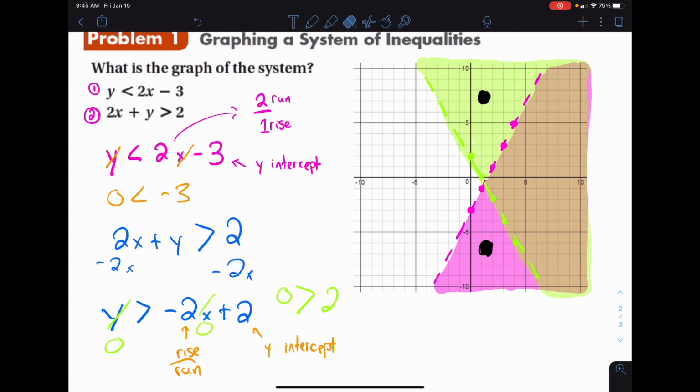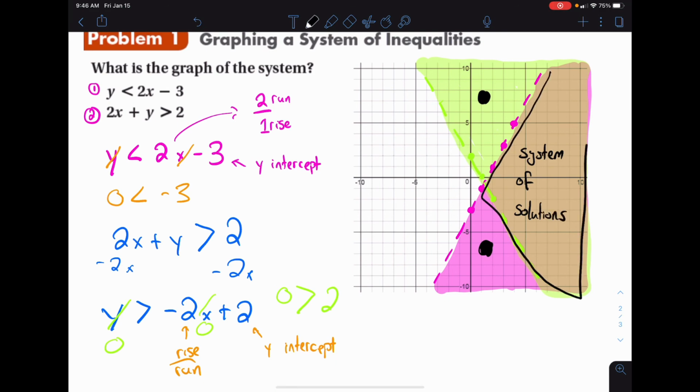But this orangish colored area in here is our system of solutions. Anything represented in this area here and beyond, of course it would keep going, is a solution for these inequalities. And that's how we get it done.